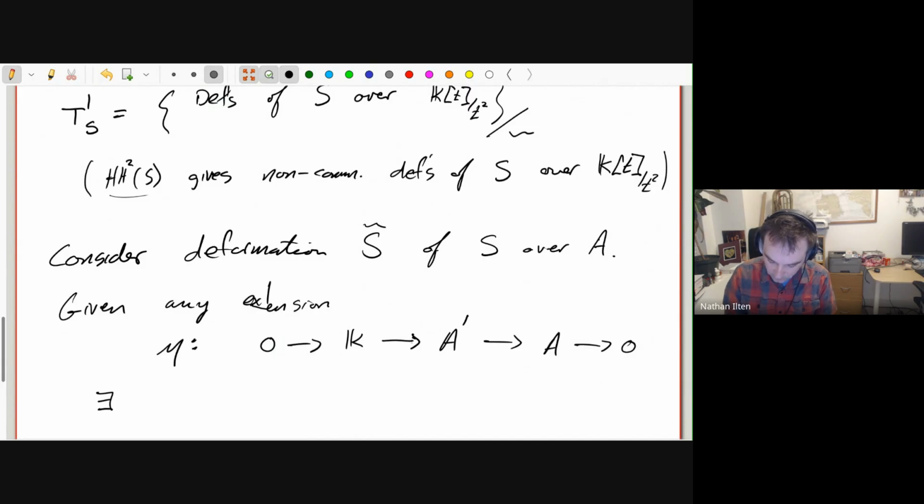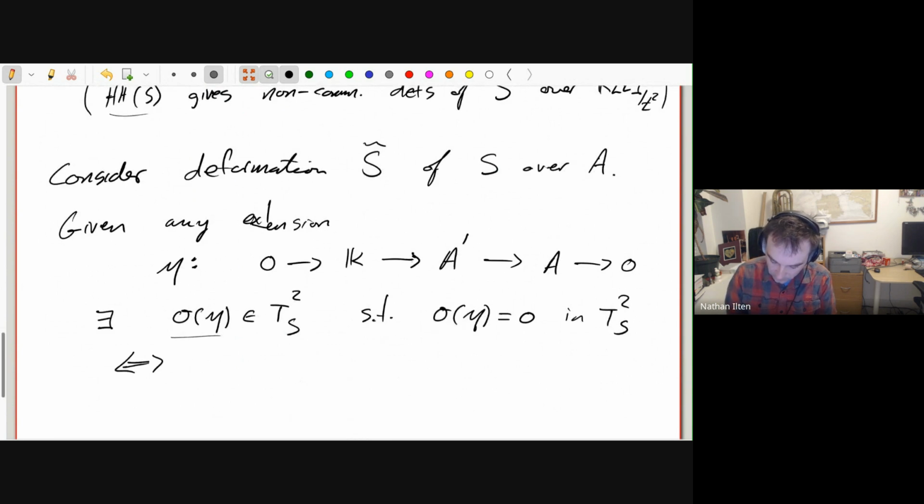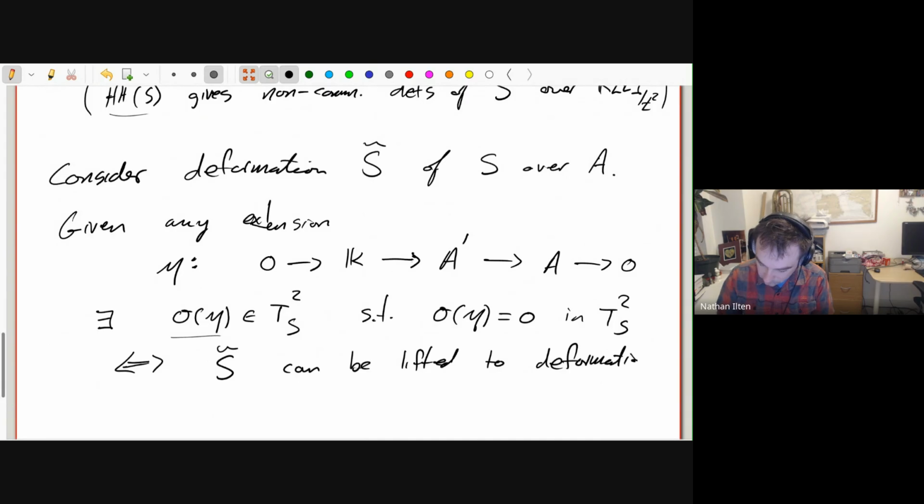There exists some element, I'll denote this by O of eta, that lives in T2 of S. And this O of eta is assigned in a systematic functorial way, such that O of eta is equal to 0 in T2 of S if and only if my deformation S tilde can be lifted to a deformation over A prime.